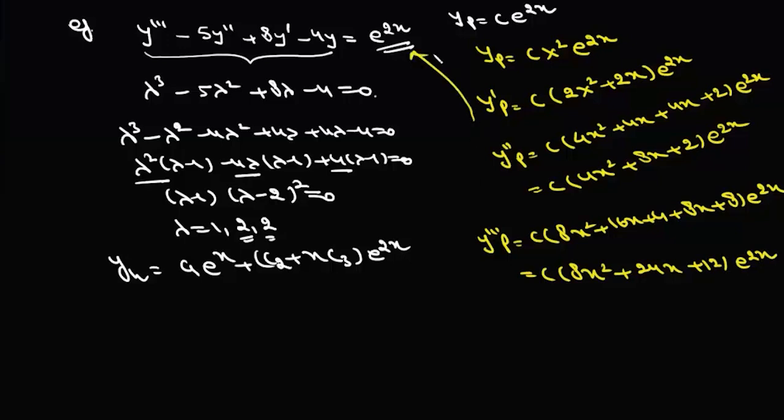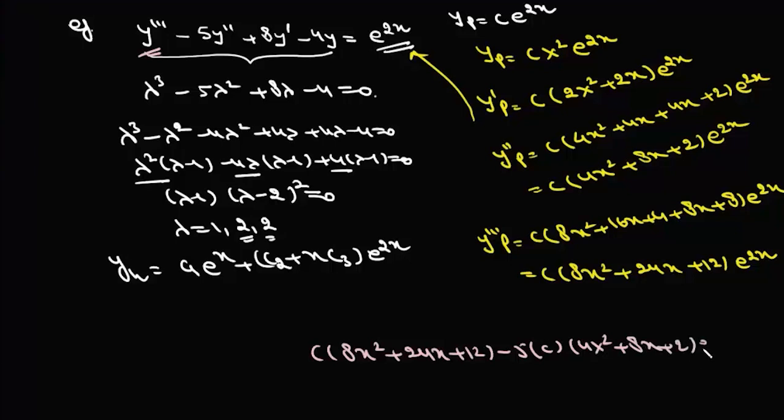Now we'll put all these in this equation. Y triple dash p will be simply c, 8x square plus 24x plus 12, minus 5 times y double dash, which is c, 4x square plus 8x plus 2 e to the power 2x, plus 8 y dash p, which will be c into 2x square plus 2x, and minus 4y, which is c x square e to the power 2x.